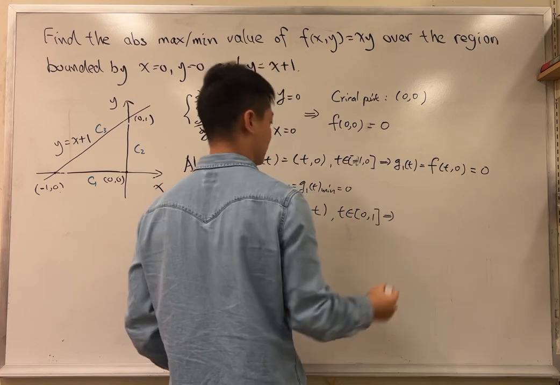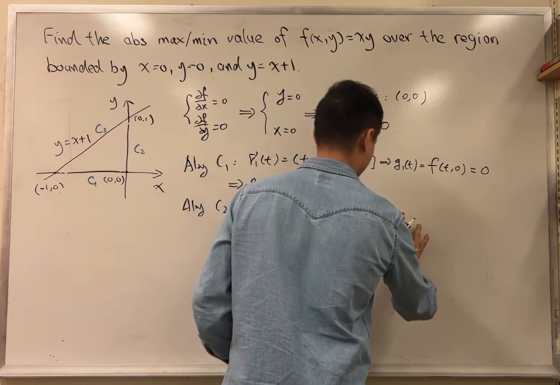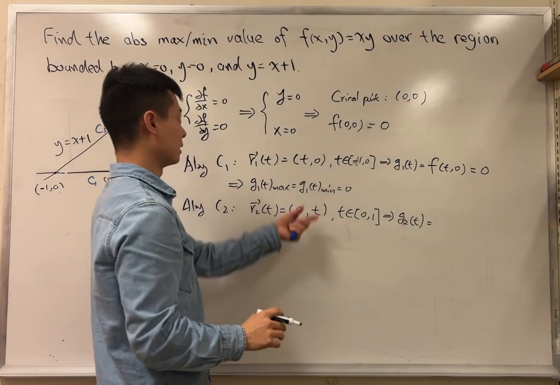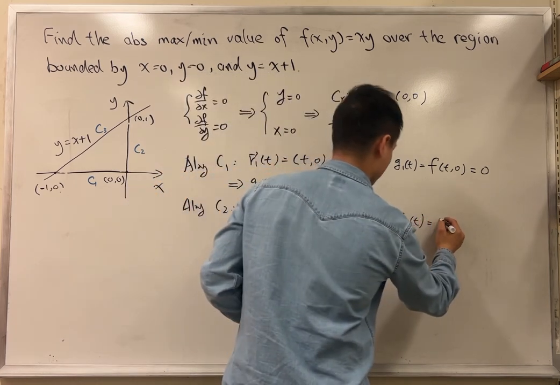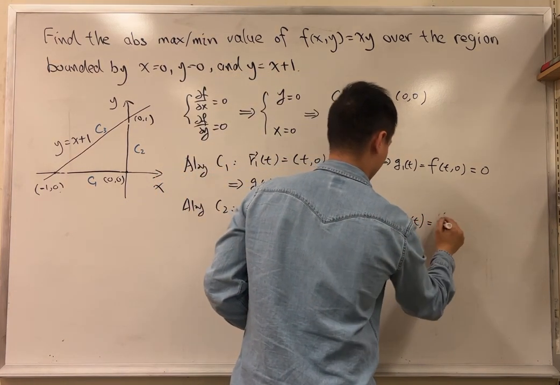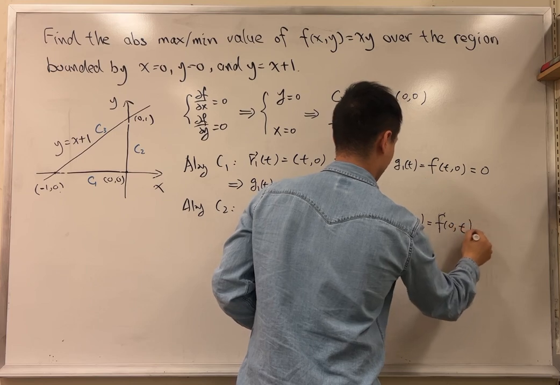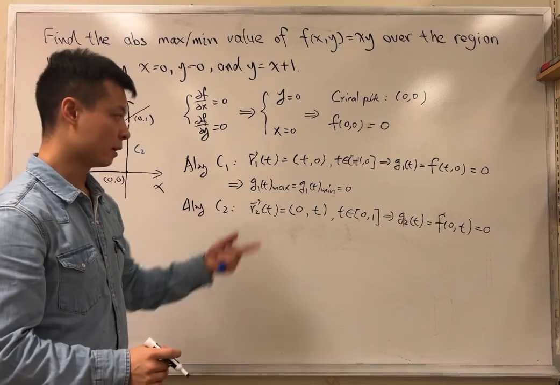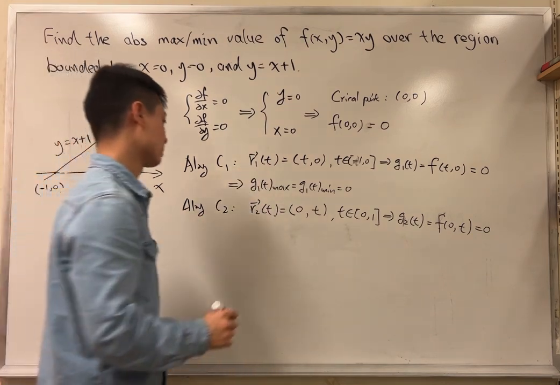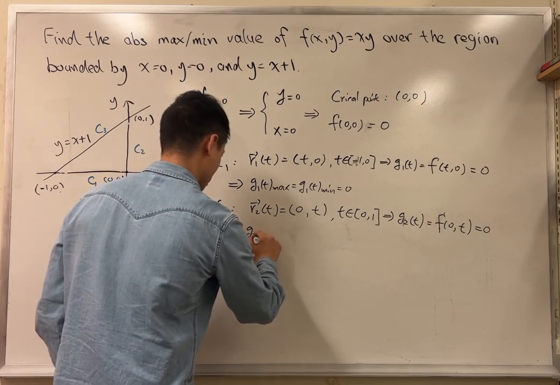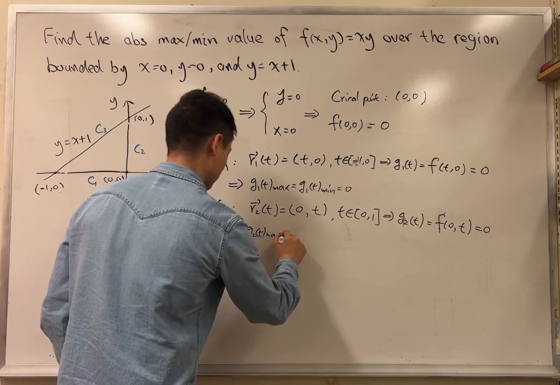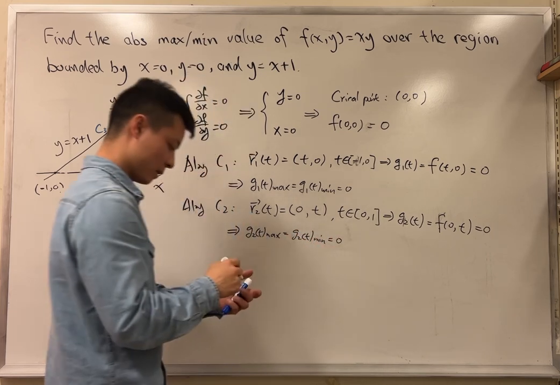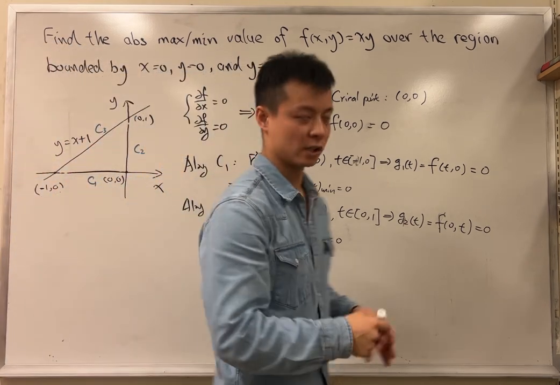Then we evaluate the function, denoted by g2, plugging (0, t) into the function, which gives f(0, t), which is also 0. So the function evaluated on C2 is also constantly 0, which tells us that g2 max equals g2 min equals 0. So far we have finished C1 and C2.